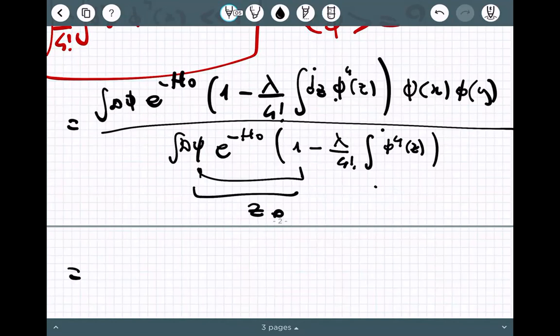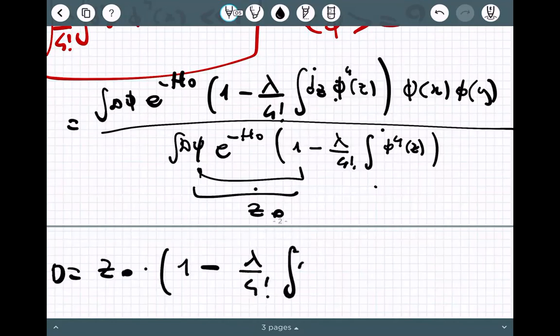So let's look at the denominator for a moment. The denominator can be written in the following way: Z naught times 1 minus lambda over 4 factorial integral d^3z, and then the expectation value of phi to the fourth in the free theory, right?